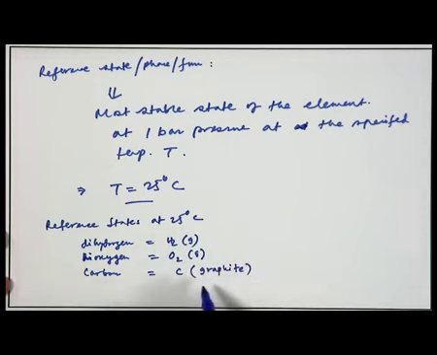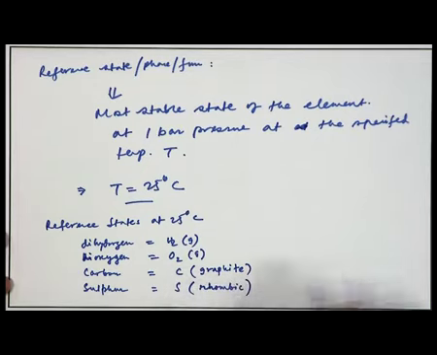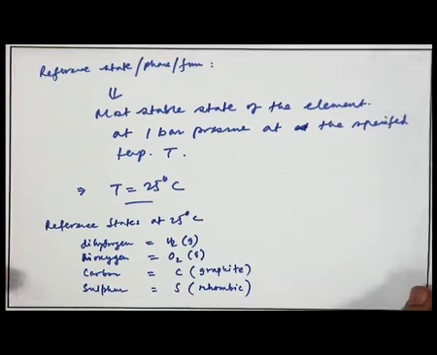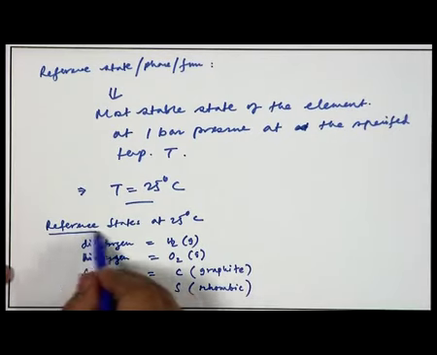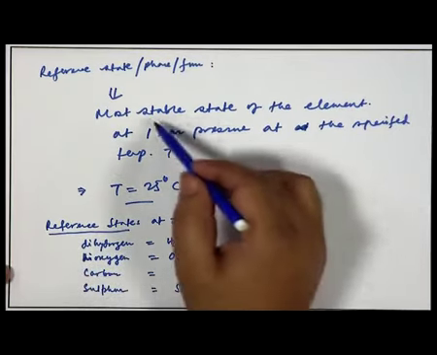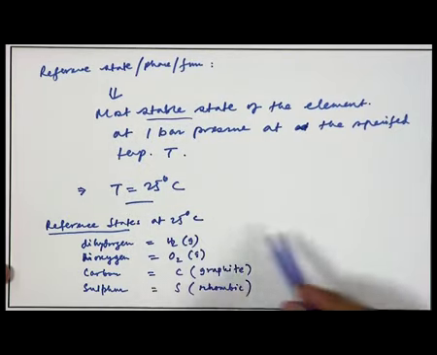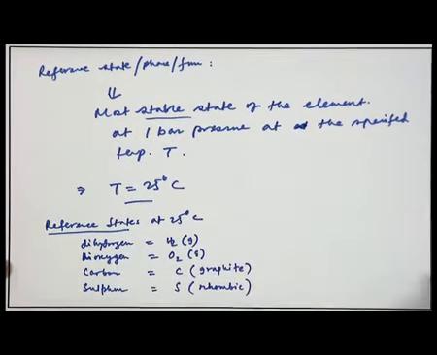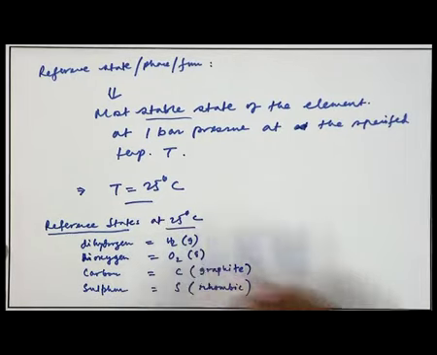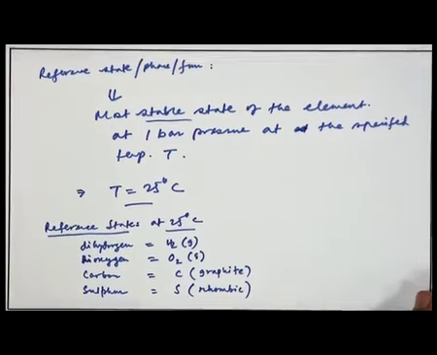Graphite is the stable form of carbon. Similarly, sulfur is in the rhombic phase. So, these are examples where the reference state means the most stable state for that particular element at 1 bar pressure and the specified temperature. In this case, we are talking about a temperature of 25 degree centigrade.